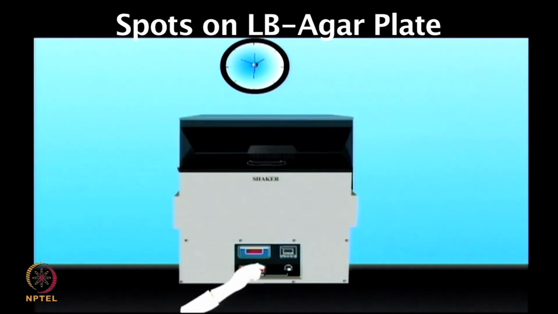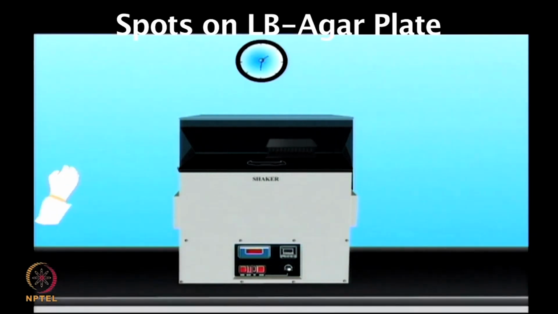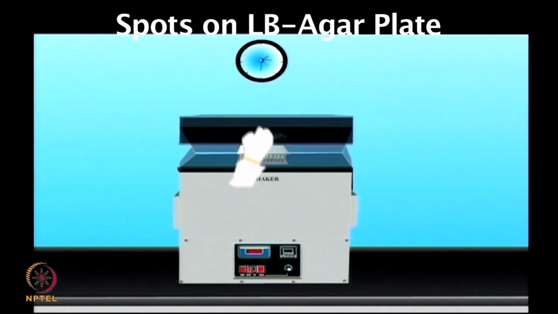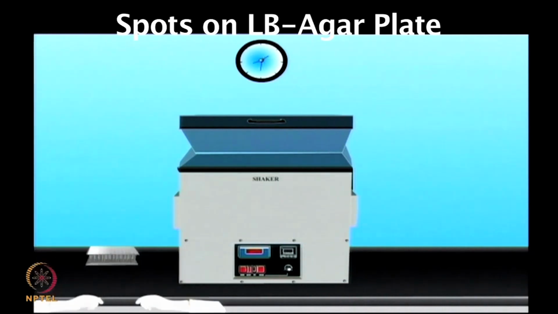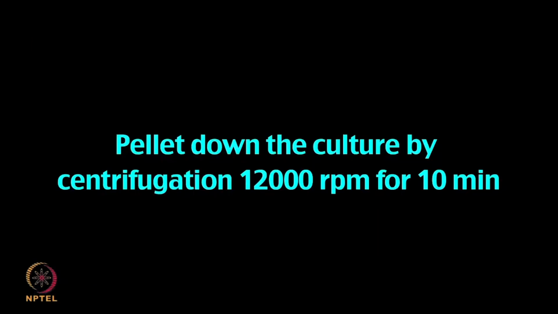Ensure that the sealing is proper and then incubate the cultures on a shaker. You can grow the culture at 37 degrees at 300 rpm. Ensure that shaking is uniform. After these blocks have completely grown the bacteria, for overnight or 10 to 12 hours of incubation, we need to pellet down these blocks.